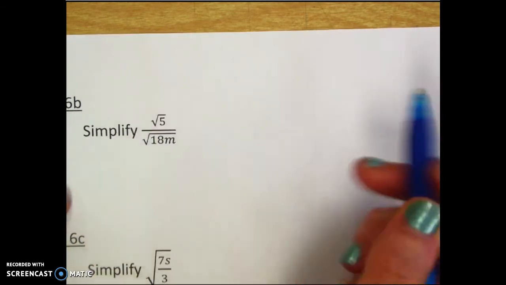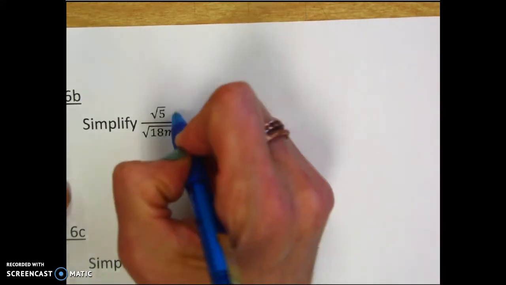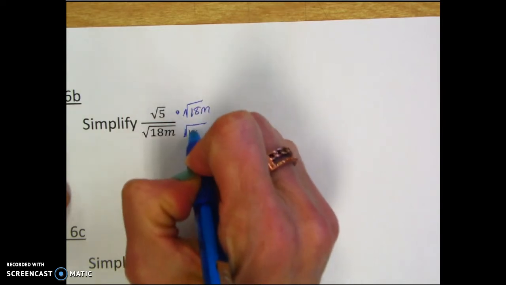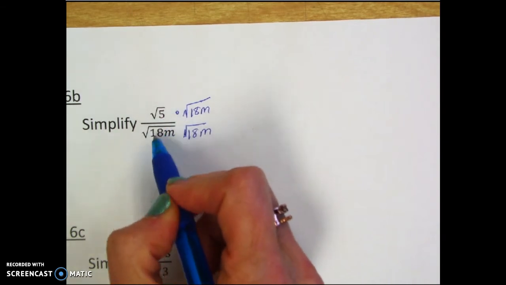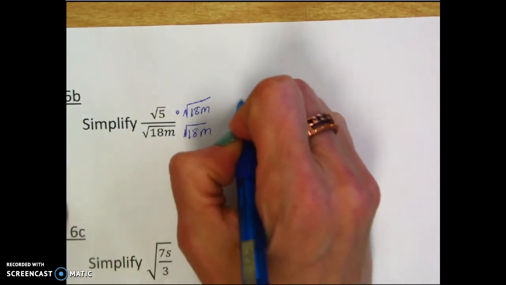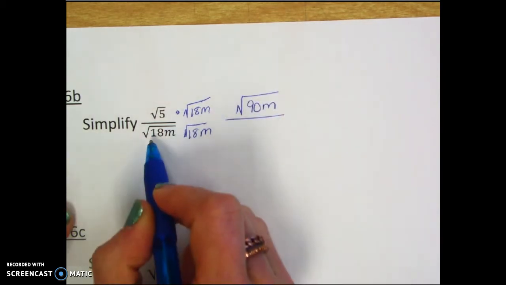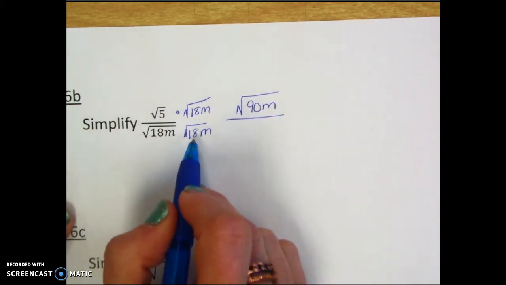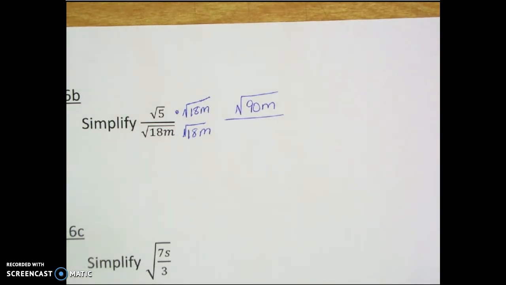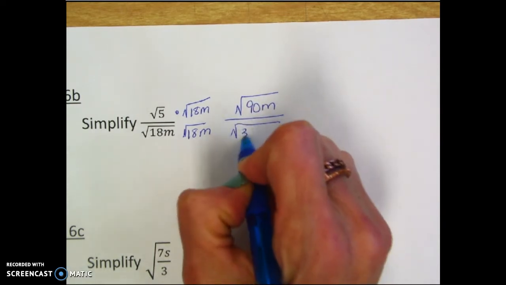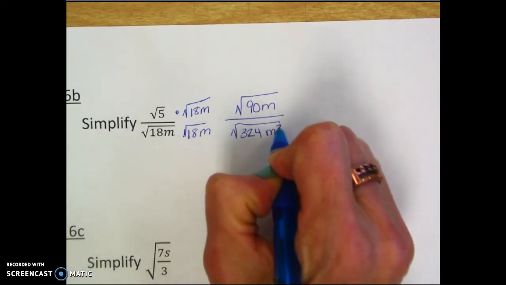Here we have square root of 5 over square root of 18m. The rule, multiply by the denominator on both top and bottom. So square root of 5 times square root of 18m gives us the square root of 90m, and the square root of 18m times the square root of 18m gives us the square root of 324 m squared.